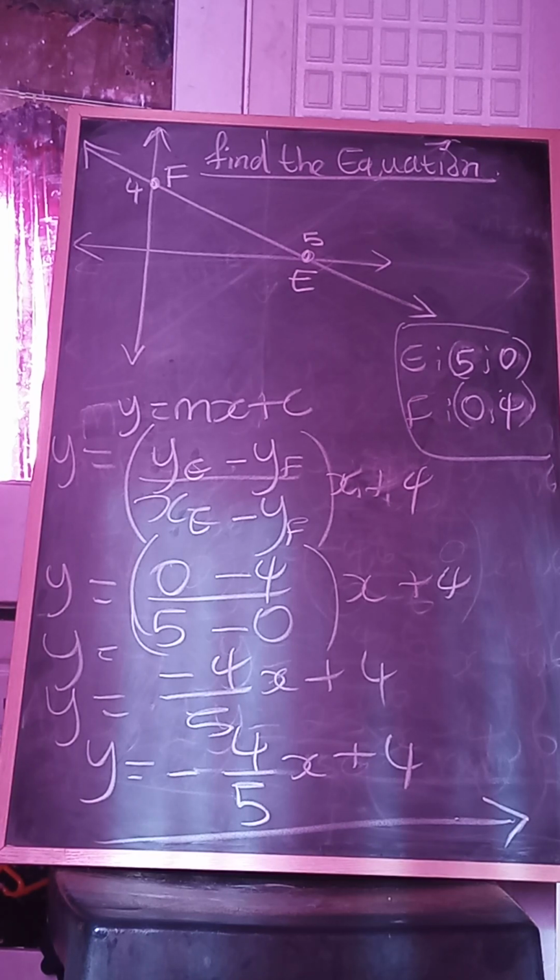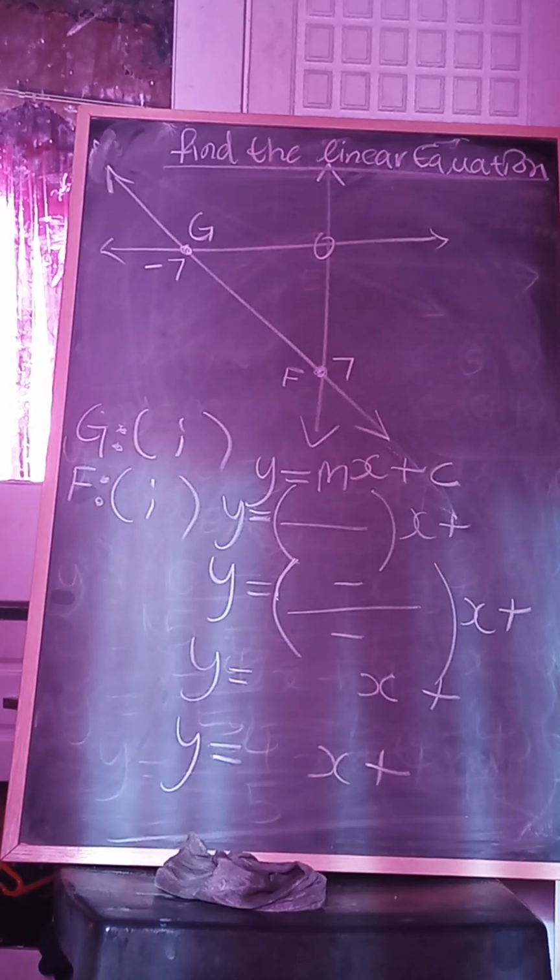Let's do another last example. They say find the equation of line GF. This question is very easy to interpret.